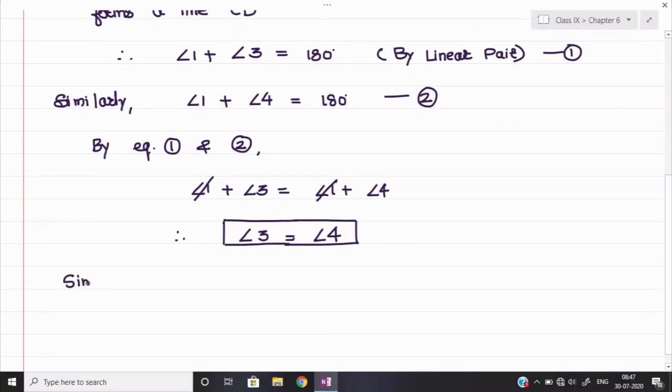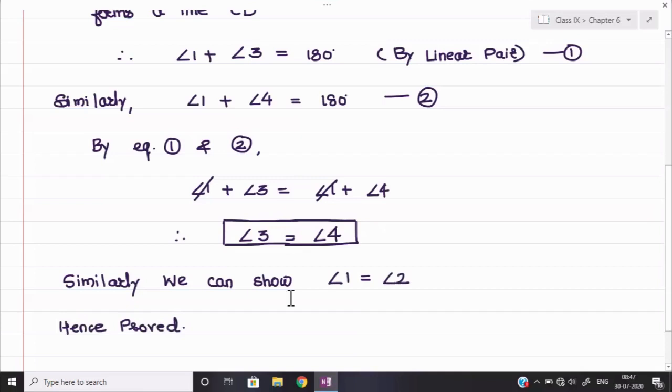Similarly, we can show that angle 1 is equal to angle 2. And this completes the proof of this theorem. If this theorem comes in the examination, I think it may come for 2 to 3 marks. Okay, it will come in the form of a question only, but you need to prove it.